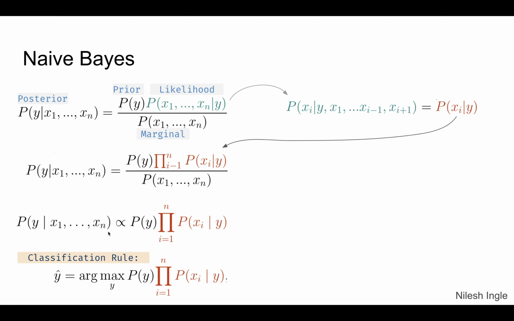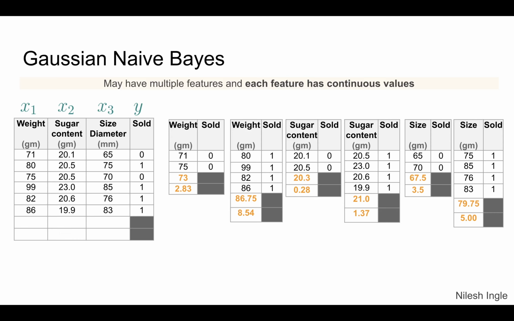Therefore the classification rule, or the decision rule, is that whichever class has the maximum value of this right hand side term is the class to which that particular data point, or that particular sample row vector, would belong. So that's the idea of the naive Bayes classifiers.